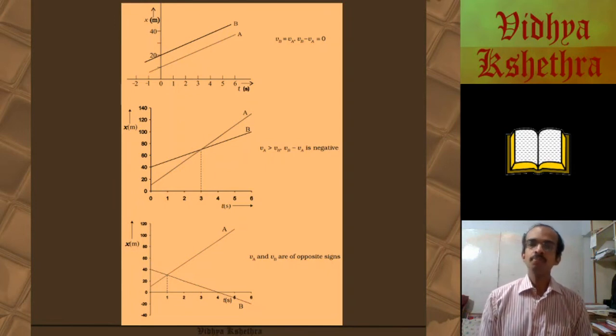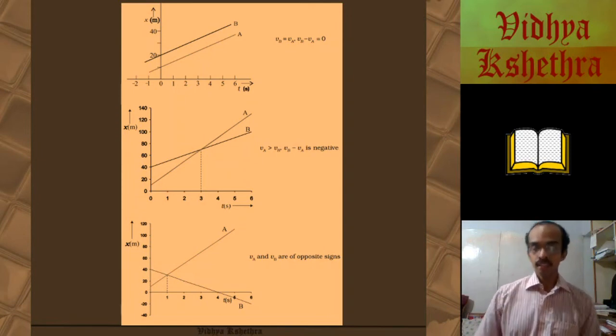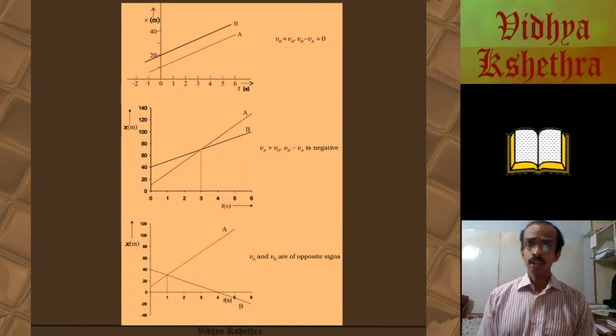When VA and VB are of opposite signs, VB goes negative and VA goes towards positive. That is the case when two bodies are traveling in opposite directions.